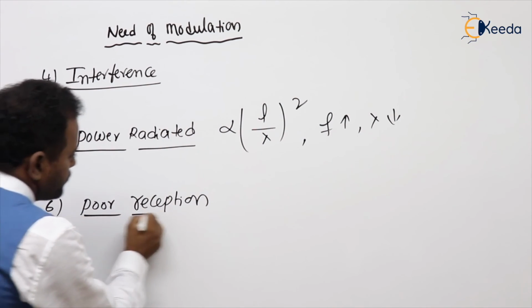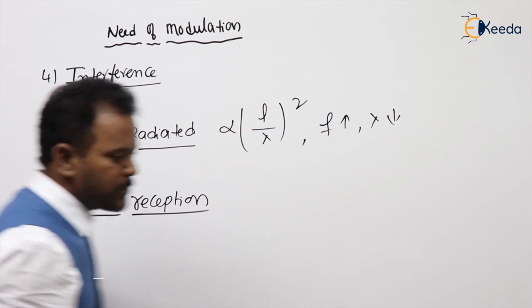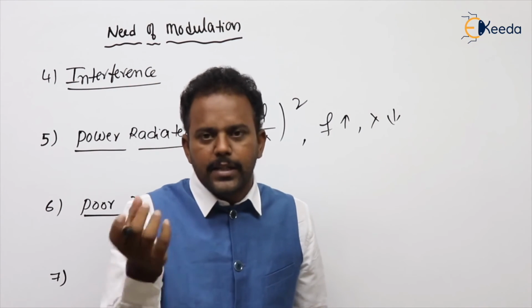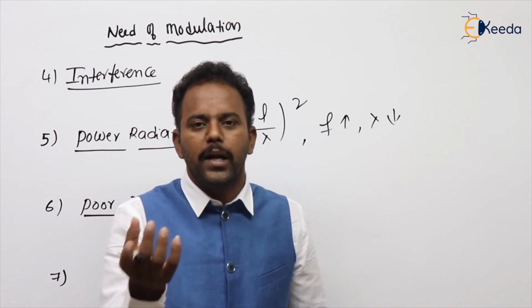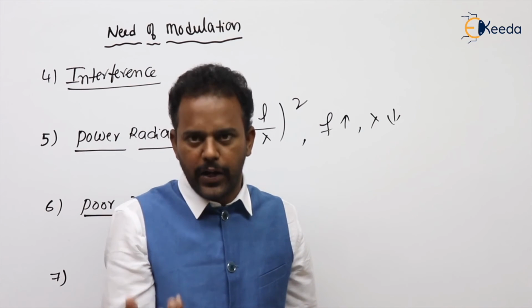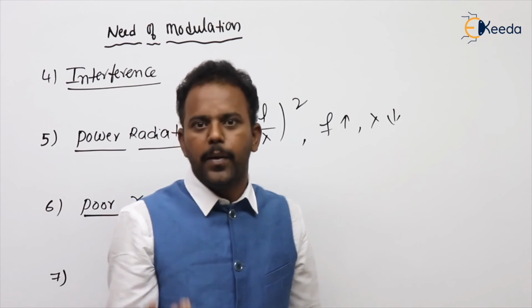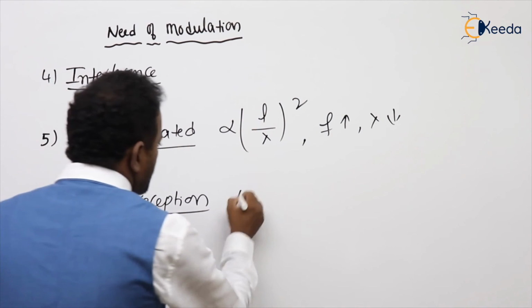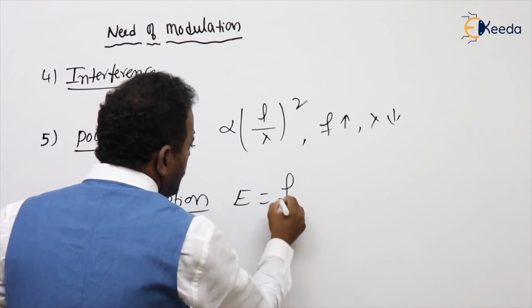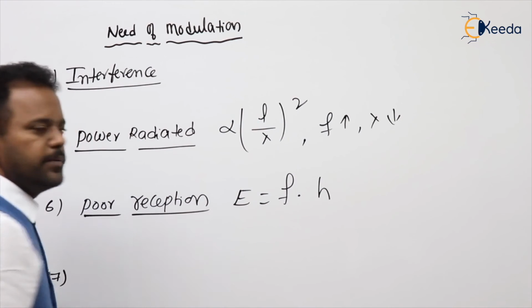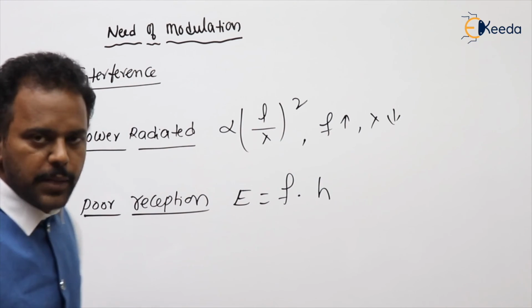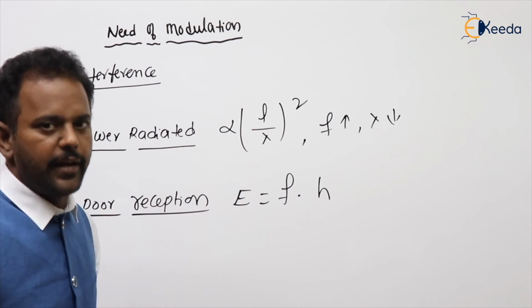Next point, poor reception. Poor reception means receiving the signal at our mobile, which is nothing but our receiver or radio. Are you getting my point? Because energy reception is equal to f into h, students. This is at the receiver side I am saying.